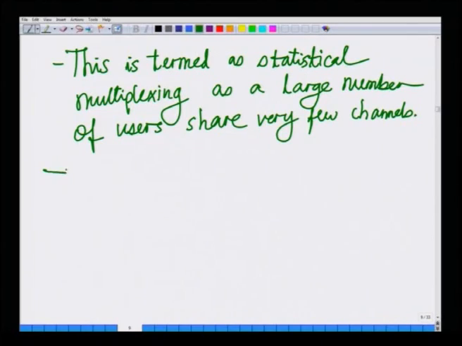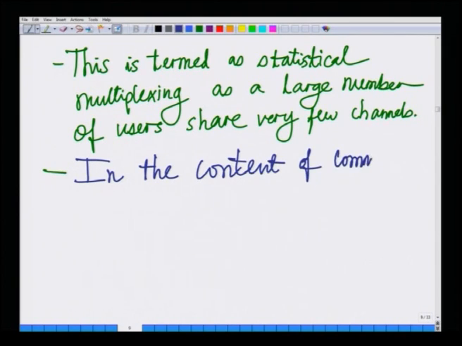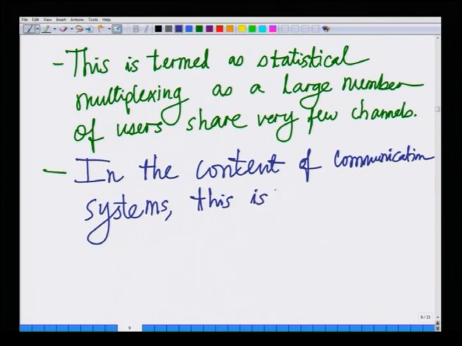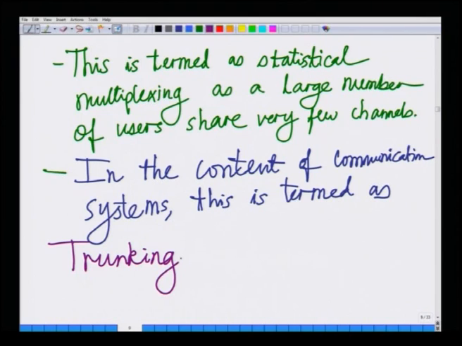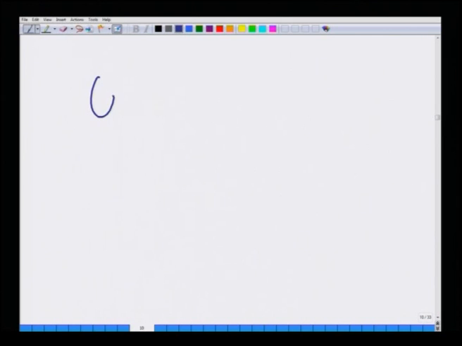So, in the context of communication systems, this is termed as trunking. And how does trunking work in a cellular system, which is our concern?